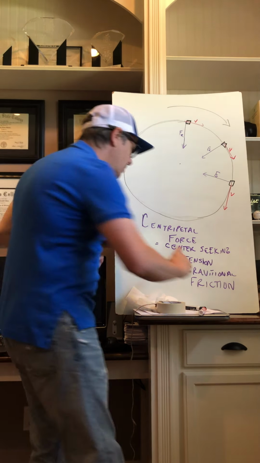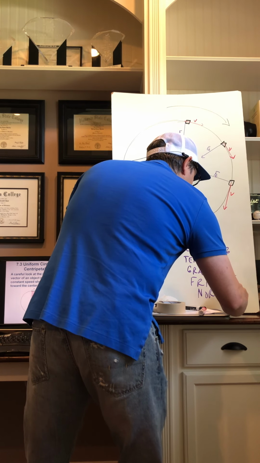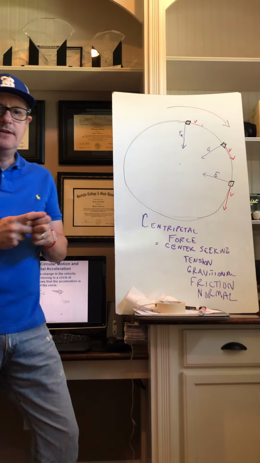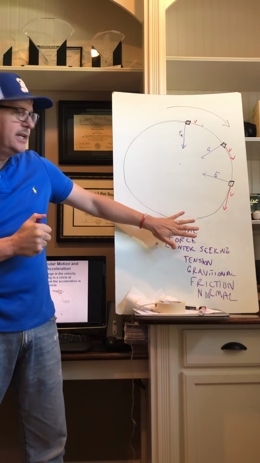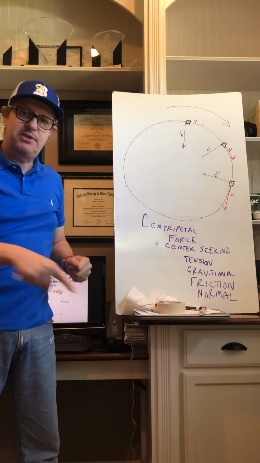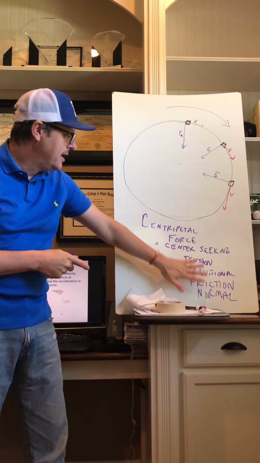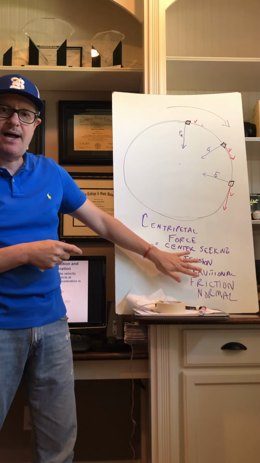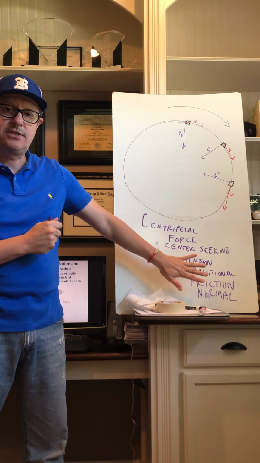So we could put normal force in here. The normal force could supply the centripetal force. So centripetal force, once again, is an overarching term for a force that keeps an object in circular motion, but that centripetal force can be supplied by a number of forces that we've already discussed in class.